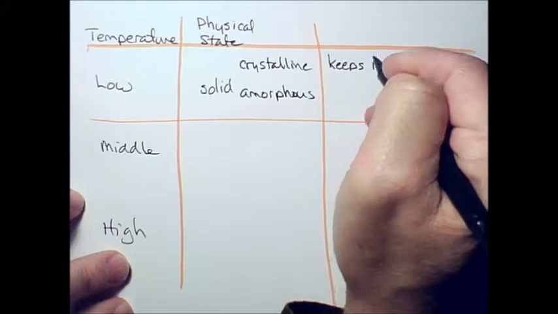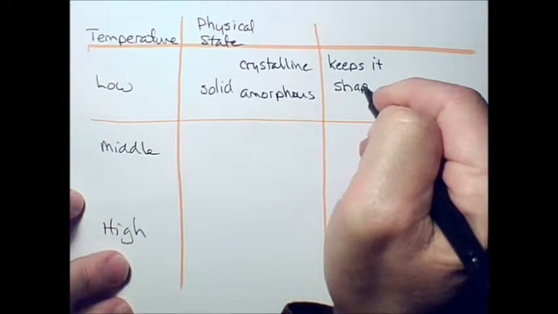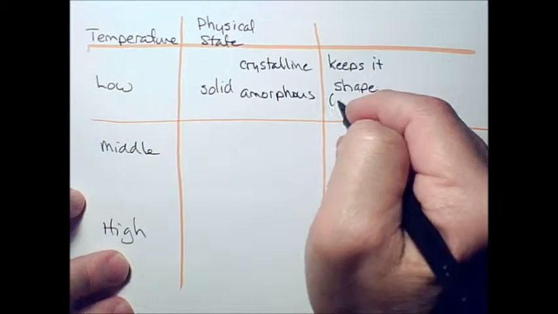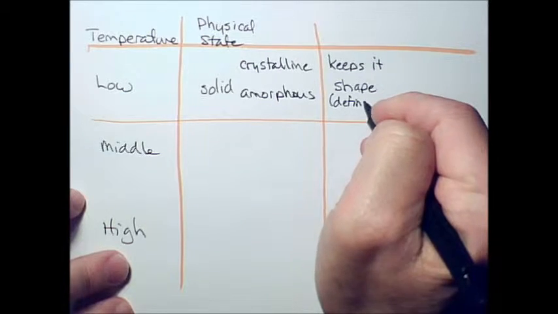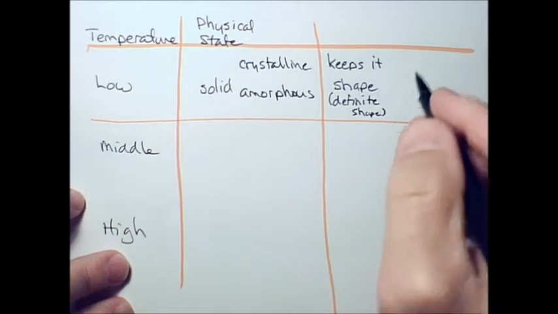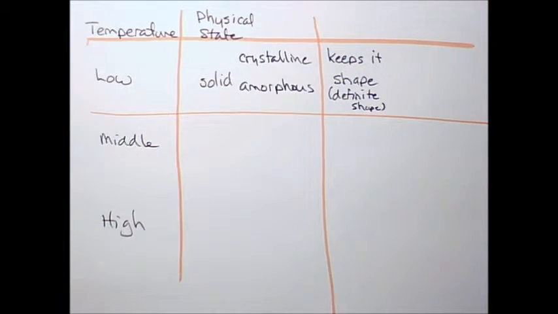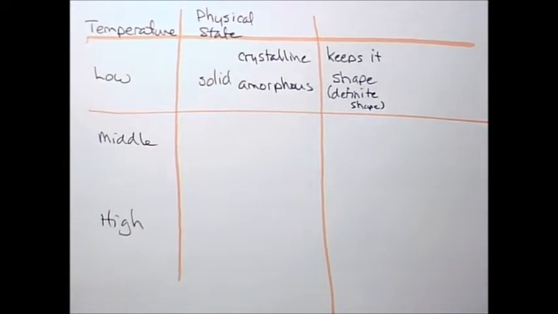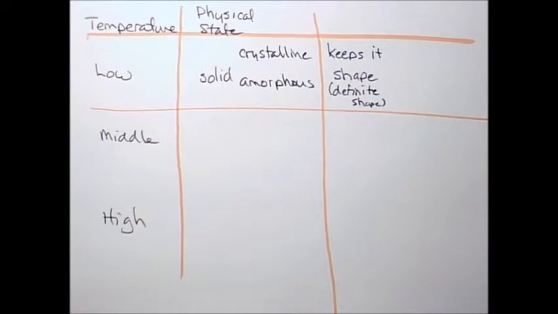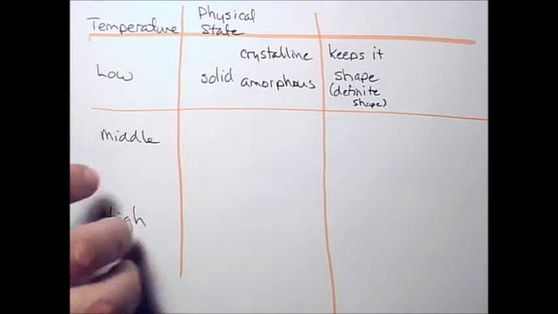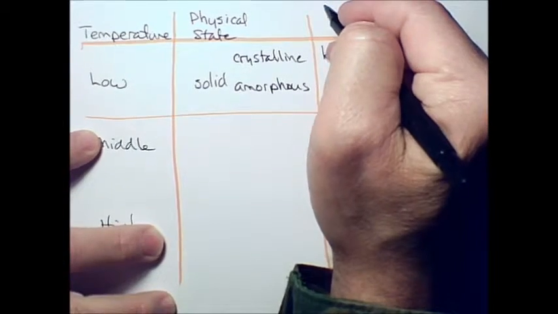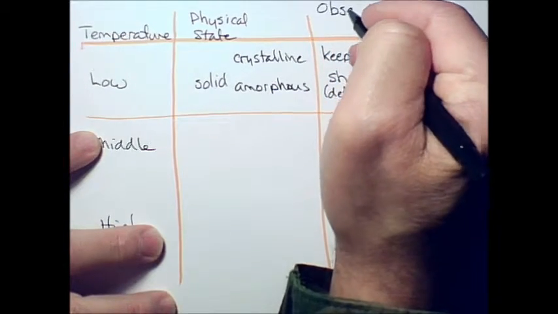If you want to be real specific about it, the way they do it in science textbooks, definite shape is the phrase. If you say keeps its shape, I'd probably count that for full credit, but you can do both. Now that's the observable behavior, the behavior you can actually see.